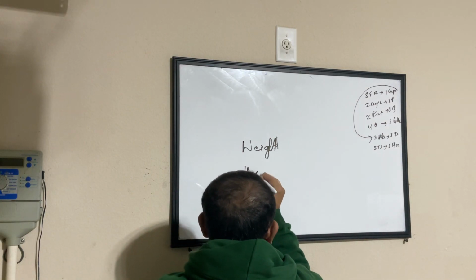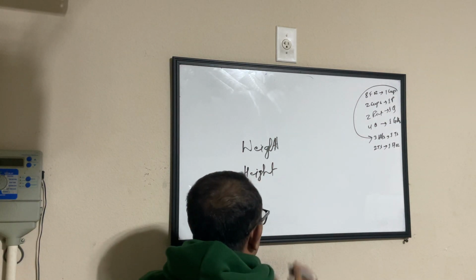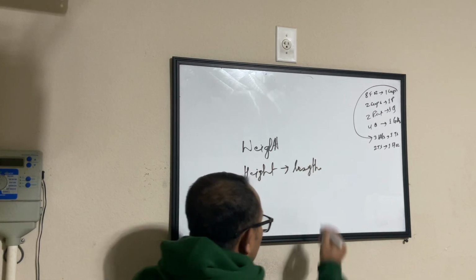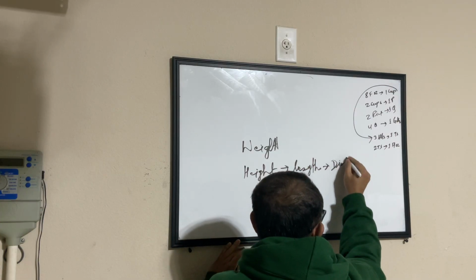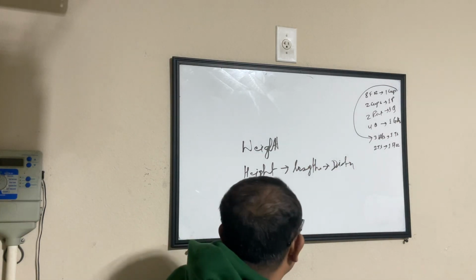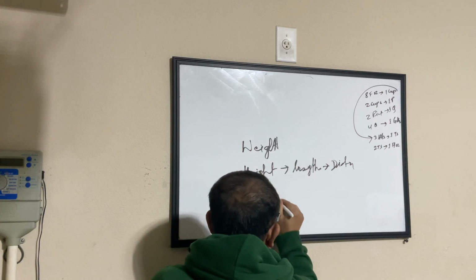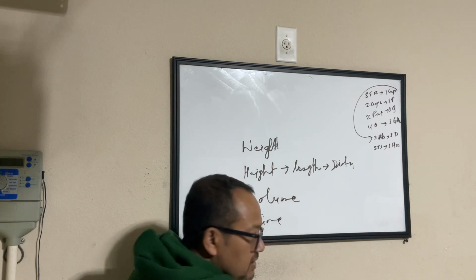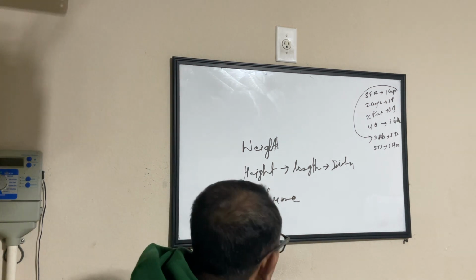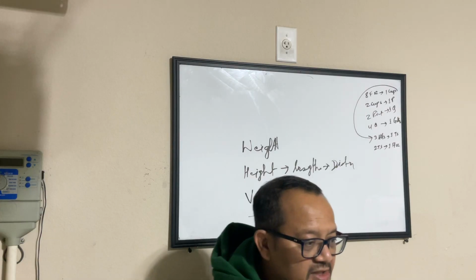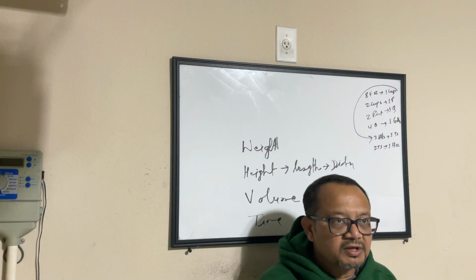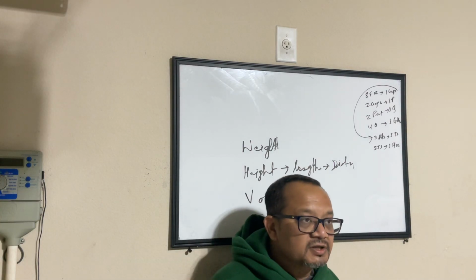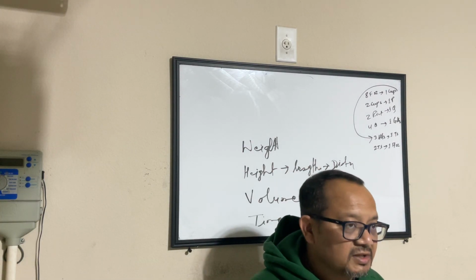Then height or length, whatever you call it, or distance. Then we talk about measuring the volume. And the last thing is time. So these are the 4 things that we end up measuring in our day-to-day life: height, weight, volume and time.